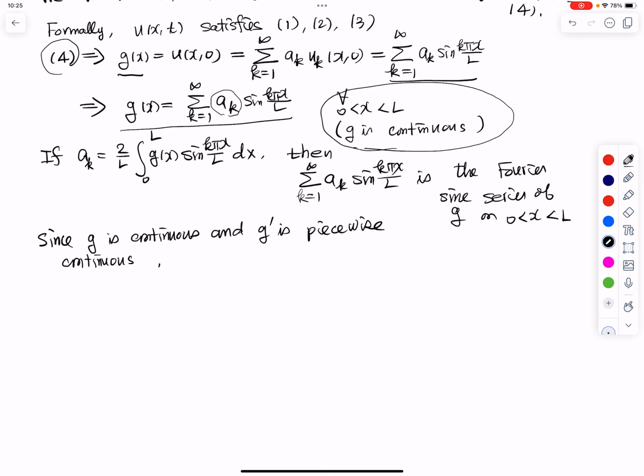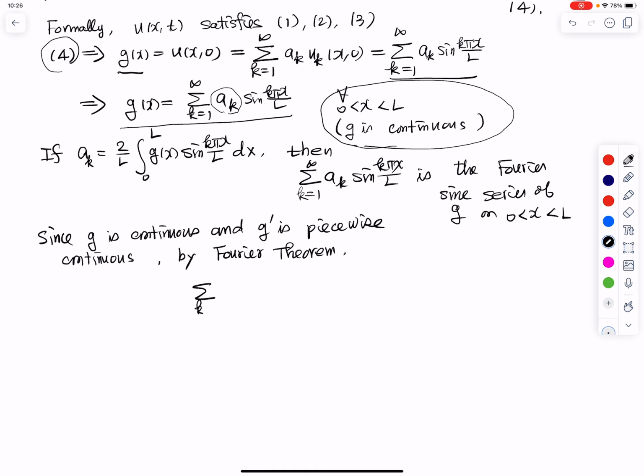then you can apply the Fourier theorem. By the Fourier theorem, this series, summation k from 1 to infinity a_k sine(k pi x divided by L), converges to g(x).